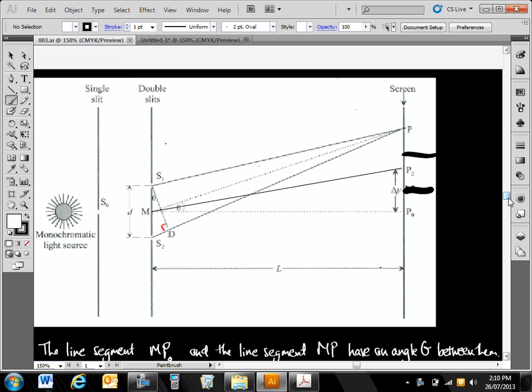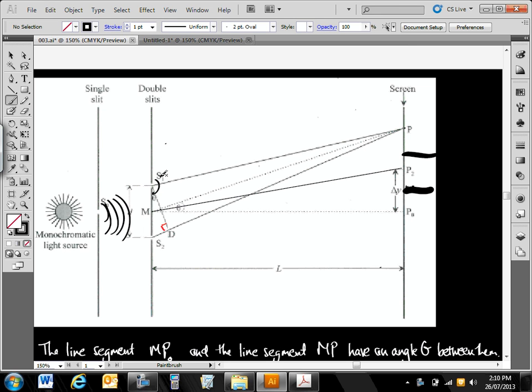So last lesson, we looked at this schematic diagram here, and what this shows is a single slit, a monochromatic source on one side. The waves, of course, diffract through that single slit like so, and hopefully strike this surface such that slit 1 and slit 2 each receive a wave at exactly the same time.